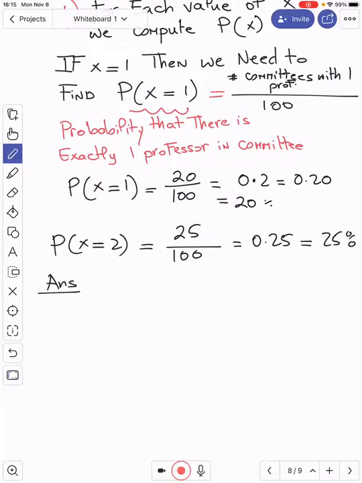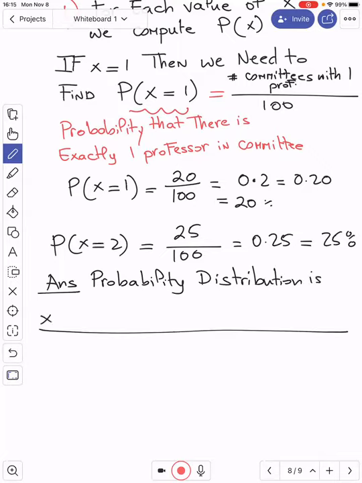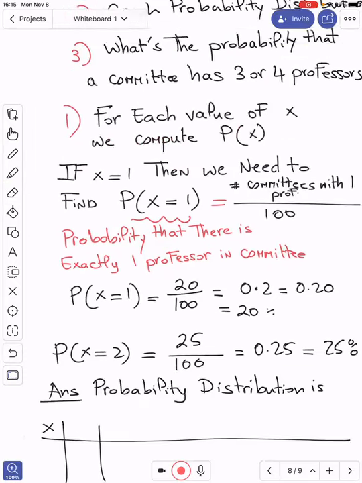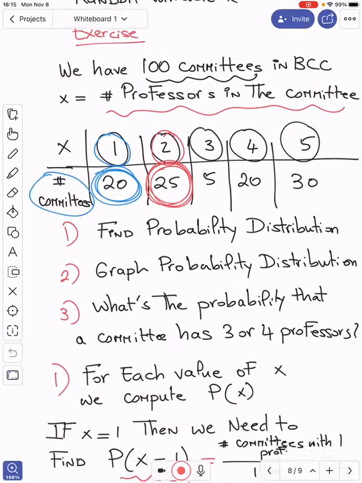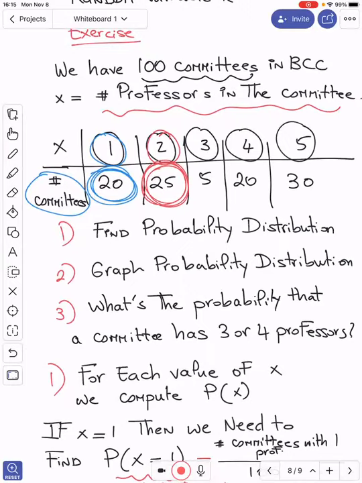So at the end, we're going to have the probability distribution. So here's the answer. First you have the values of X. X can be equal to 1, 2, 3, 4, or 5, right?